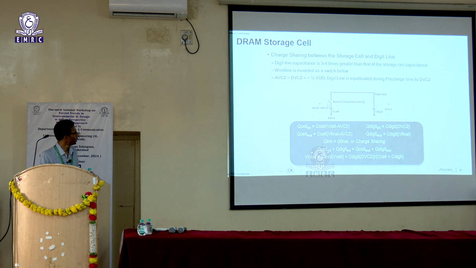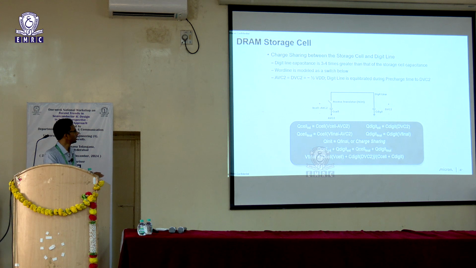If you supply a VCCP voltage, the switch gets turned on, and you're now going to dump the charge from your C cell onto your digit line, or dump the charge from your C digit onto your C cell, as is the case, depending on whether you're reading or writing information, and whether the cell is storing 0 or 1.